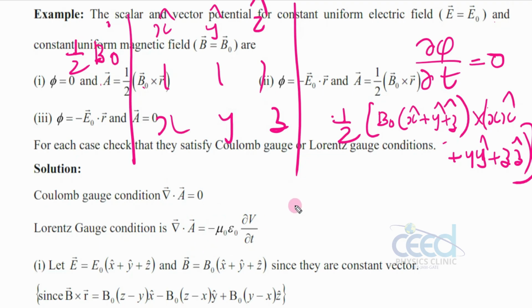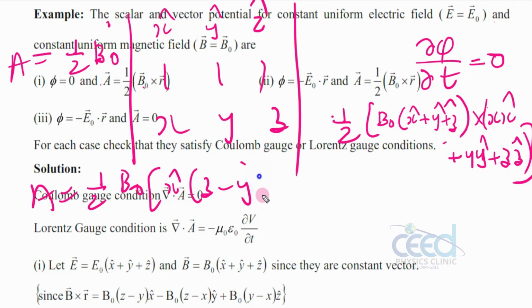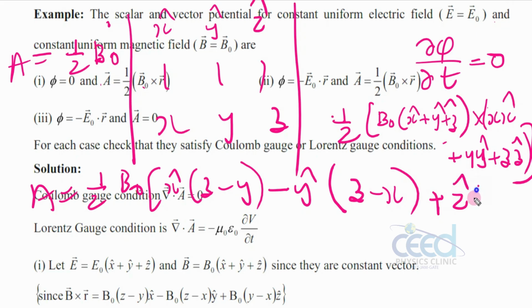Then what you get is half B0 into x cap into z minus y cap into z minus x, plus z cap into y minus x.